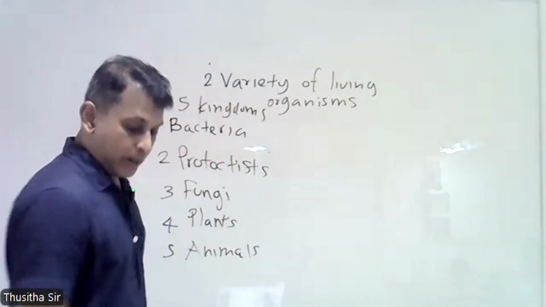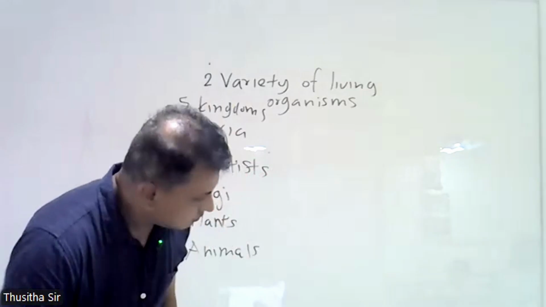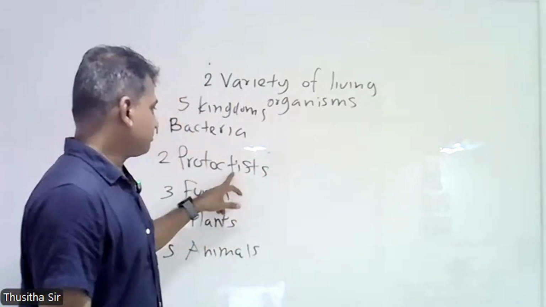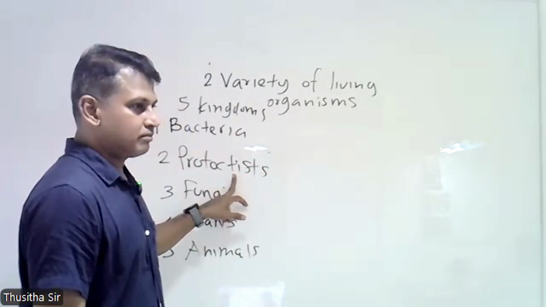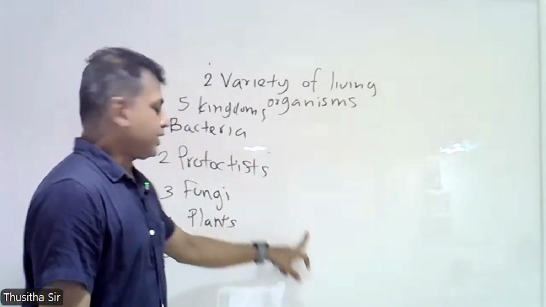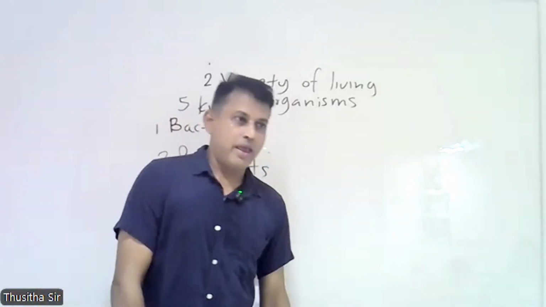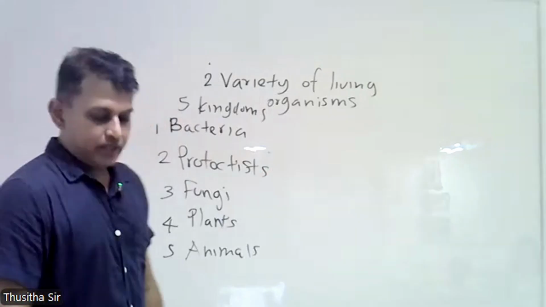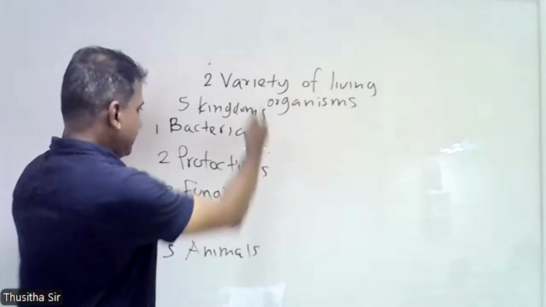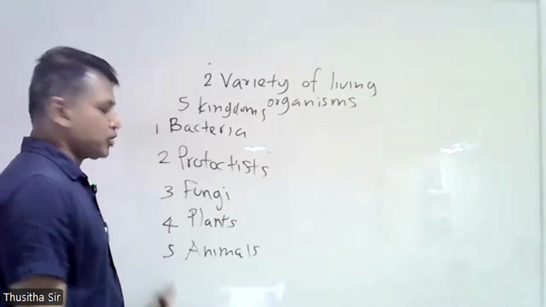Excuse me, sir. Yeah. Sir, in grade 8 we learned the 5 kingdoms as prokaryotes, then protoctists. Yes, so is bacteria the same as prokaryotes? Yeah, I'm just about to tell you, you remind me. Okay, so then again we divide these 5 kingdoms into 2.